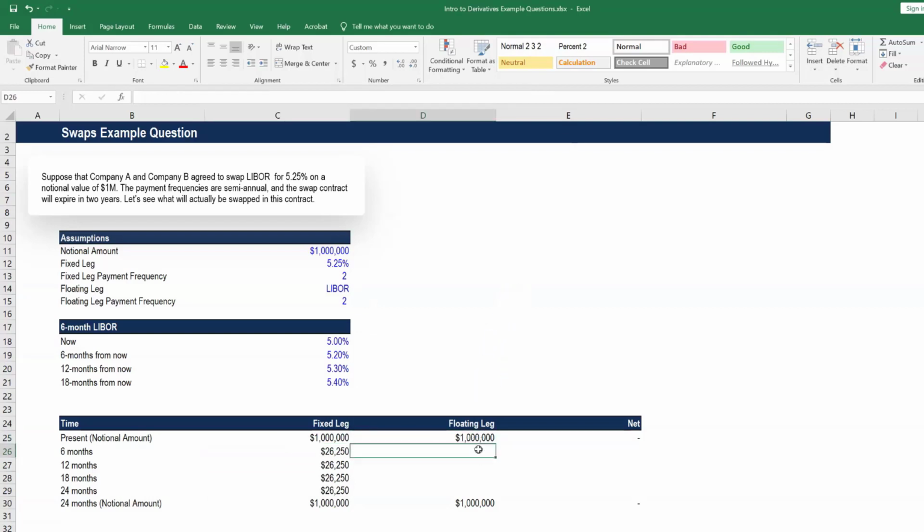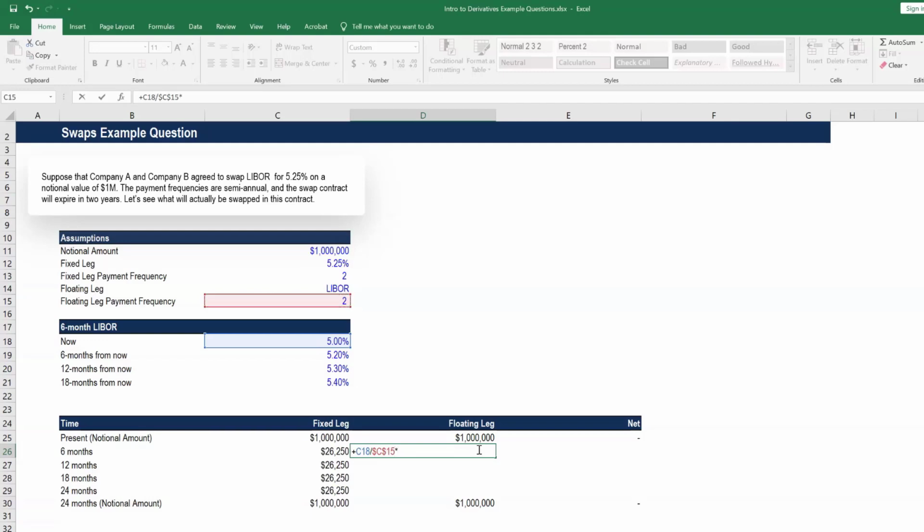Now let's look at the floating leg. The floating leg, the interest rate is going to change. So it's going to start at 5%. But we also know that the payment frequency is every 6 months. So we're going to divide that by 2. I'm not going to lock down the C18 because I want that cell to move, but I do want to lock down the C15 with dollar signs so that one doesn't move.